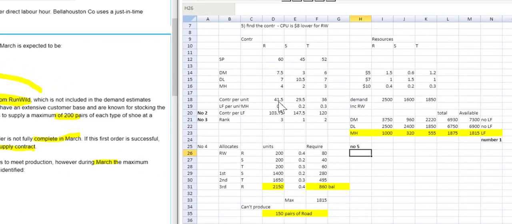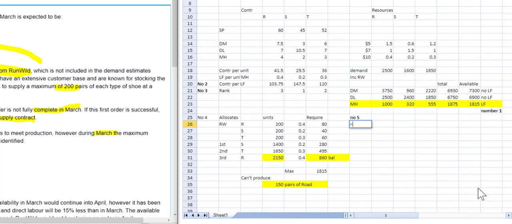Okay, so now finally we need to find the contribution, which was number 5. And so the contribution per unit we've already been given, but remember it's $8 lower for the Run Wild. So for road, it's going to be 41.5 minus 8.